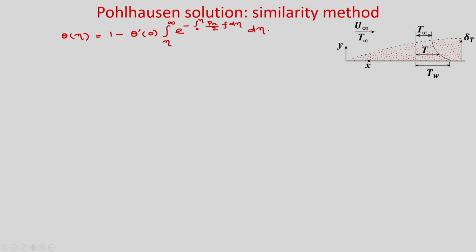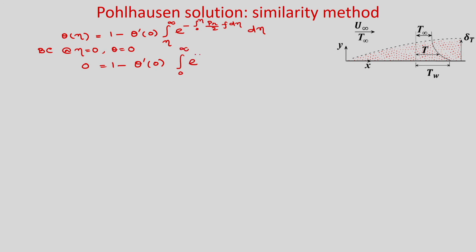Okay. So, now we are left with another boundary condition at eta is equal to 0, theta is equal to 0. So, now let us put that boundary condition. So, another boundary condition is there at eta is equal to 0, theta is equal to 0. So, if you put that value, so left hand side you have 0, and on the right 1 minus theta prime 0 times the integral from 0 to infinity, okay, eta is equal to 0.